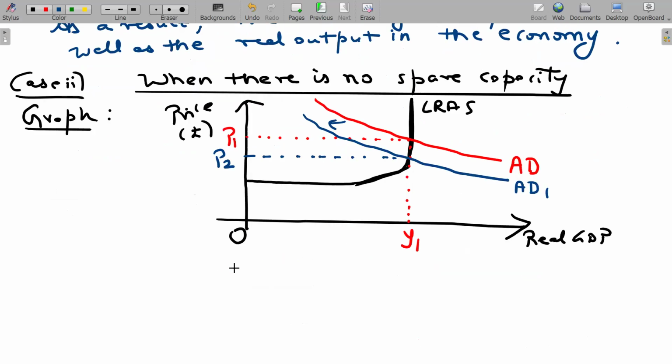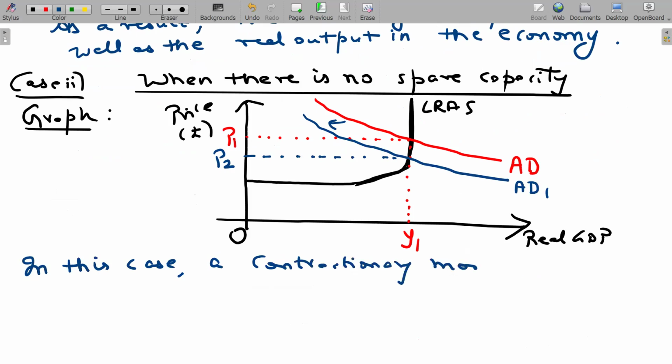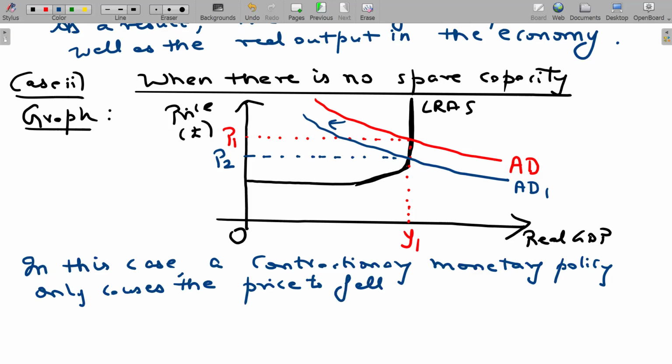So I can say that in this case, a contractionary monetary policy only causes the price to fall from P1 to P2.